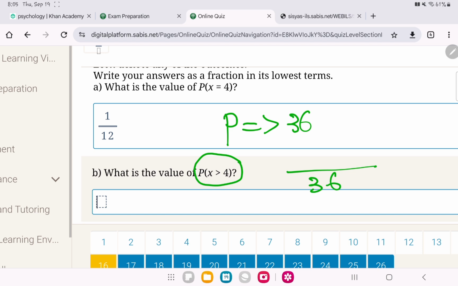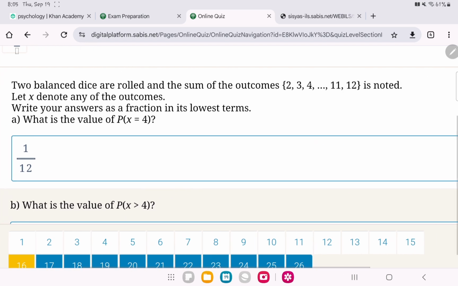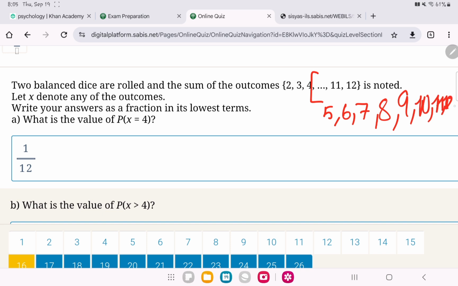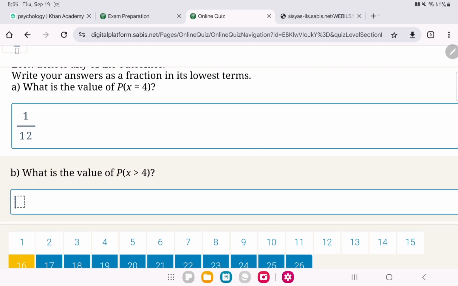You can take all the numbers greater than 4. Here, we have 2, 3, 4. The numbers greater than 4 are 5, 6, 7, 8, 9, 10, 11, 12. This will take so much time if you take all of these possibilities. So this is very, very important what we're going to do here, so please focus on this.